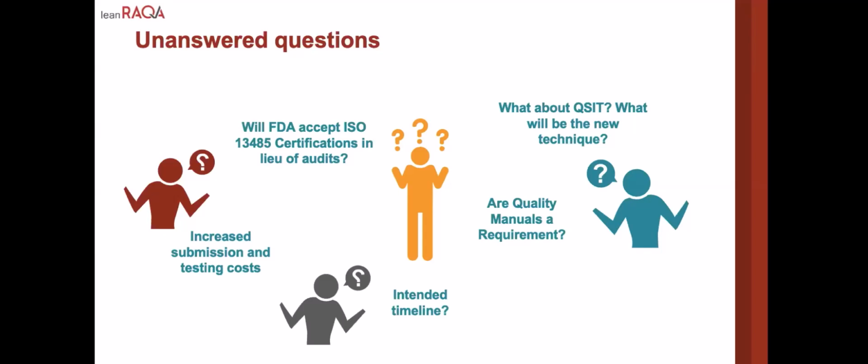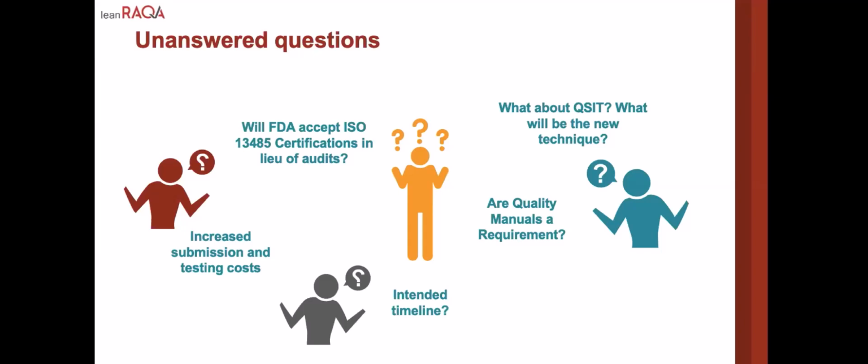There are things in ISO 13485 that just aren't a requirement in the QSR; for example, a quality manual is a requirement in ISO 13485, but nowhere in the quality system regulation is a quality manual required. And that's just one of several differences.